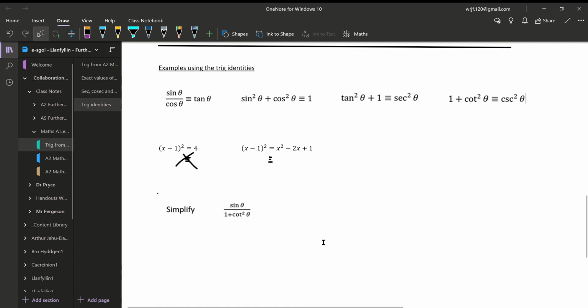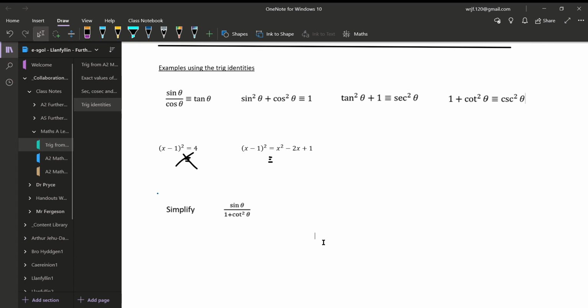There we have an expression, sine theta over 1 plus cot squared theta, and we're asked to simplify it. And fairly obviously in this case we can see straight away that the bottom of that fraction, 1 plus cot squared theta, is one side of one of my trig identities.